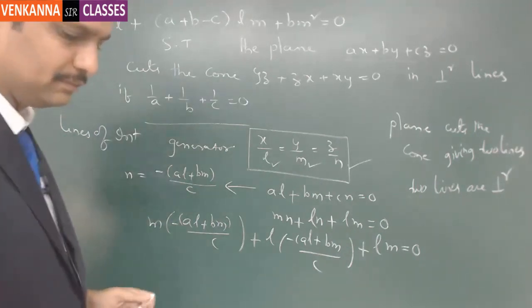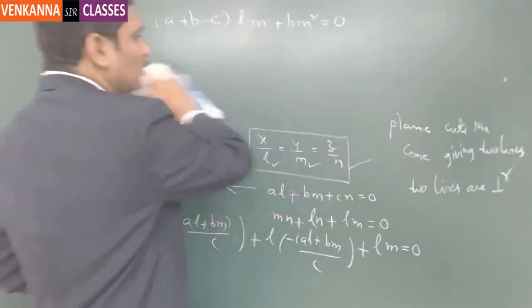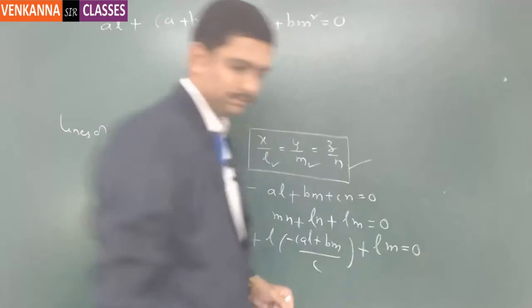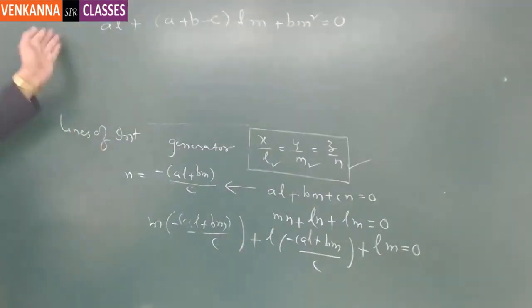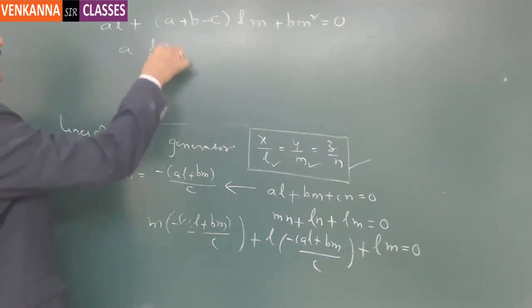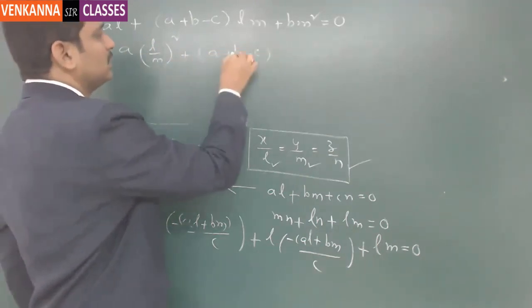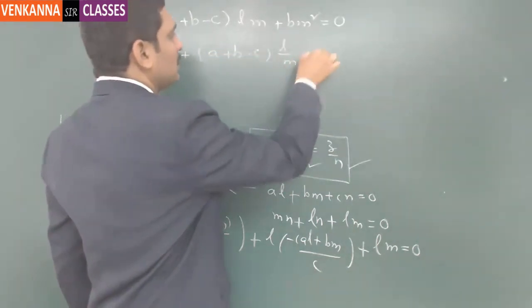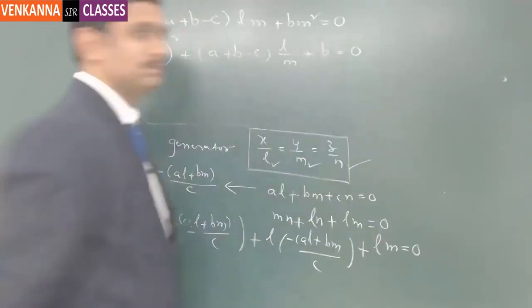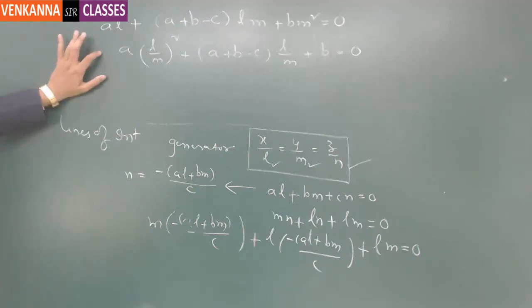Now what happens? Since I want to prove a condition here, I am going to make it quadratic. So dividing by m square, we will have a into (l by m) whole square plus (a plus b minus c) into l by m plus b equal to 0. So this is a quadratic equation with the variable l by m.